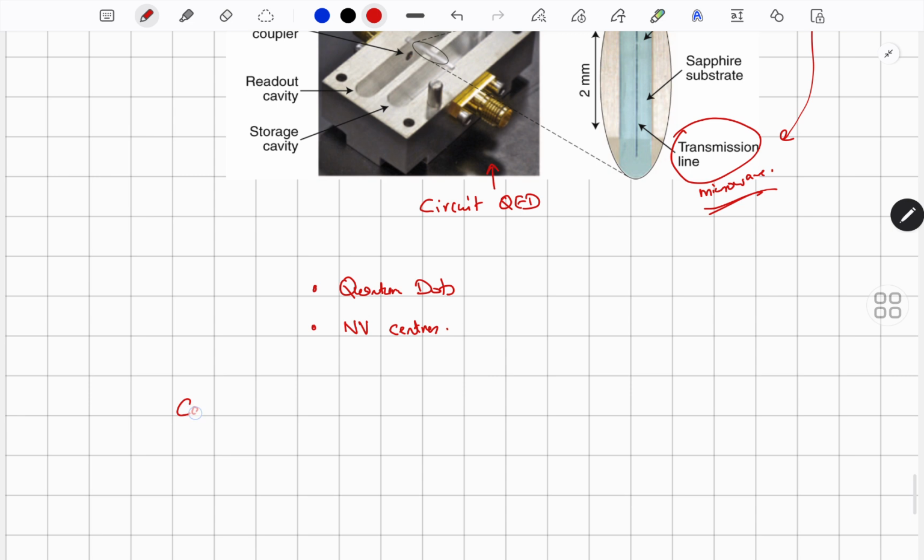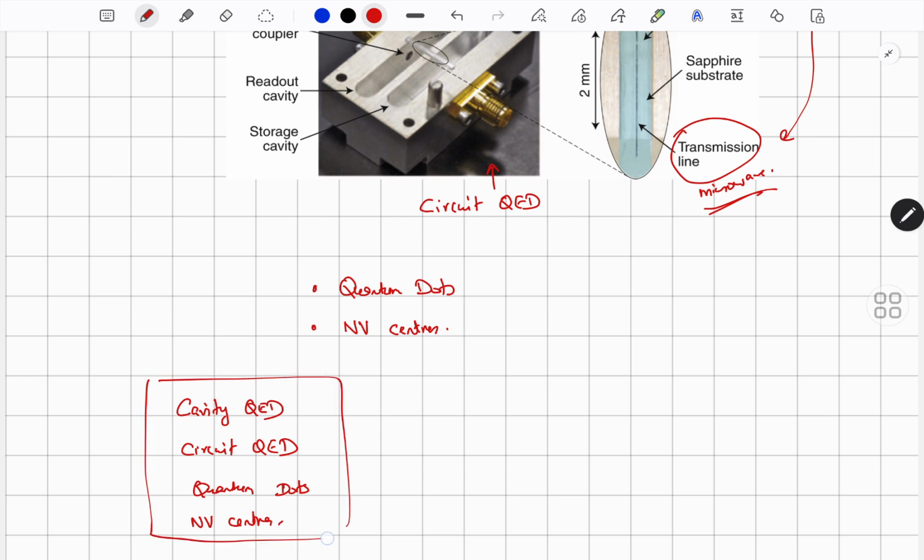The foremost one is cavity QED, the other one is circuit QED, and we can have interaction with quantum dots and NV centers. There are many ways to achieve the Jaynes Cummings model experimentally, but for your textbook case, from your syllabus point of view, we have to focus only on the cavity QED setup, in which the atom interacts with the field confined within the cavity.